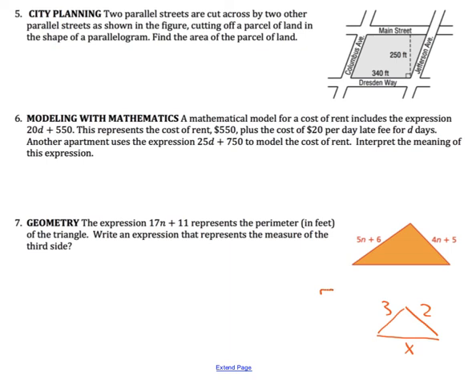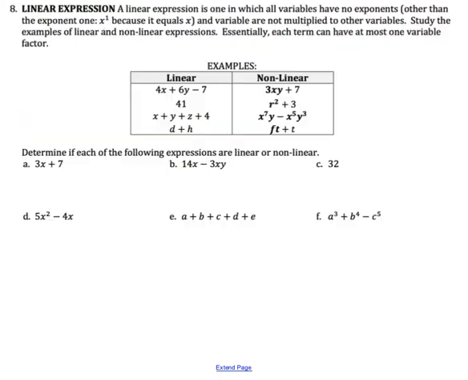If I told you the perimeter of a triangle was 8, and you knew one of the sides was 3 and one of the sides was 2, and you had to figure out the other one, you would just take the total perimeter and subtract off the other 2 sides to figure out what the missing side is. You're going to do that exact same thing here. Take the full perimeter and subtract off this side and subtract off this side, and what is left over will be the third side of the triangle.